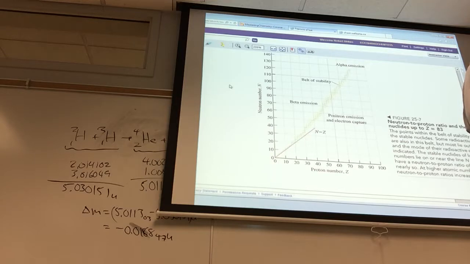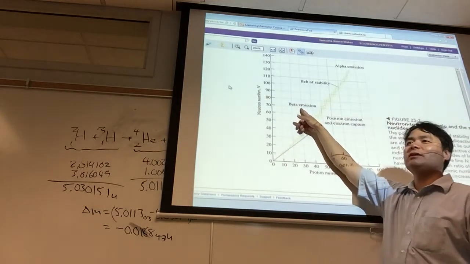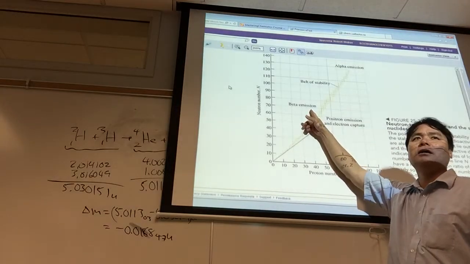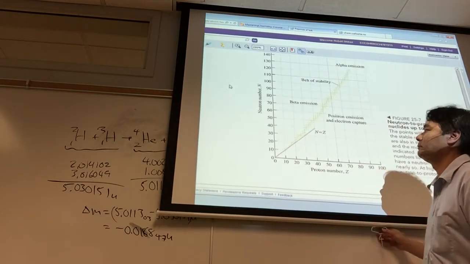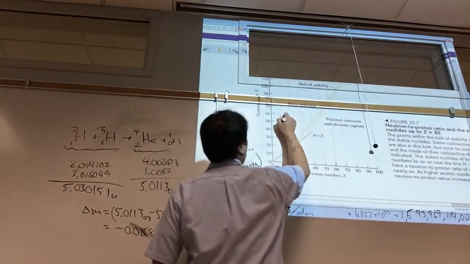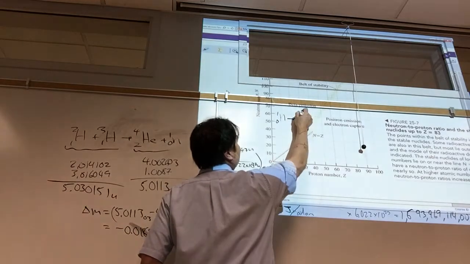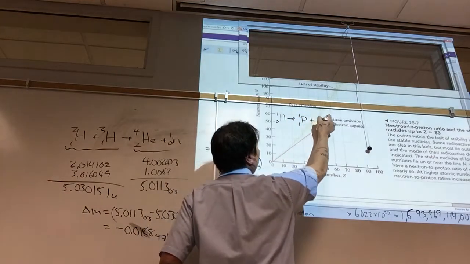A proton. And so in beta emission, a neutron gets converted into a proton plus a beta. And so we say it this way. A neutron, which is N 0 1, gets converted into a proton, which is 1 1, plus a beta.